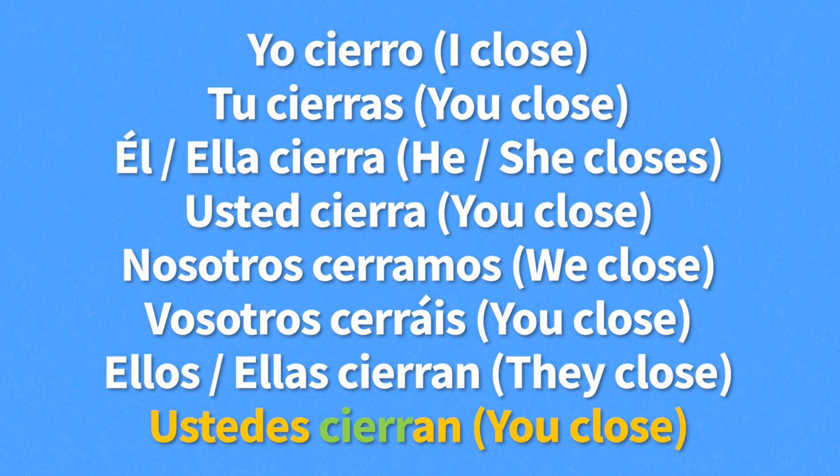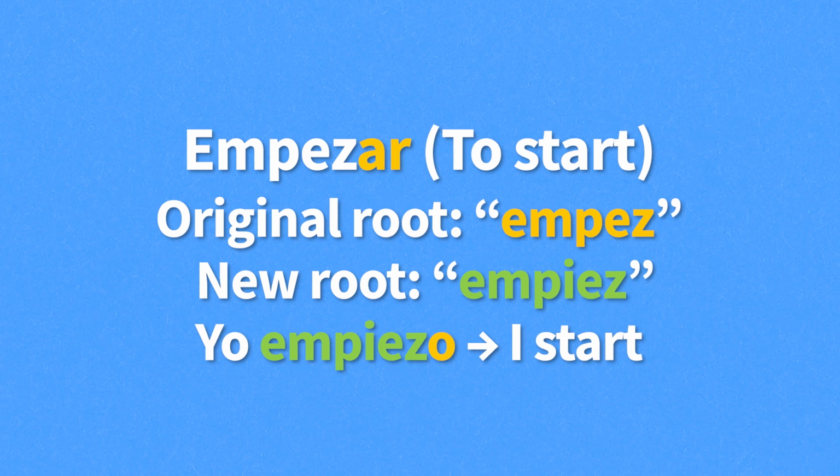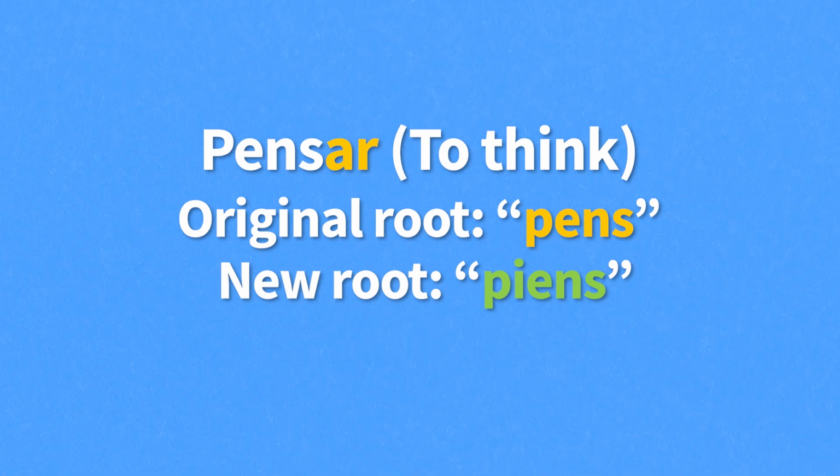Ustedes cierran, you close. The same goes for the other AR verbs we saw, like empezar, where the root goes from empez to empiez. So it becomes yo empiezo, I start. In the case of pensar, the root turns from pens to piens.